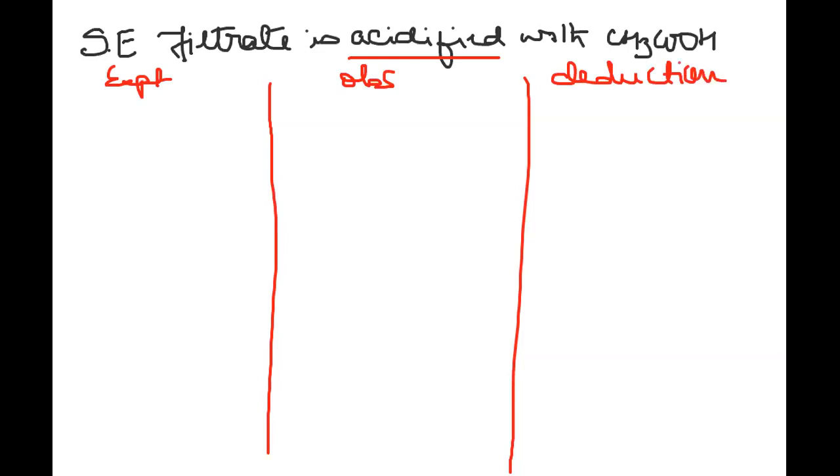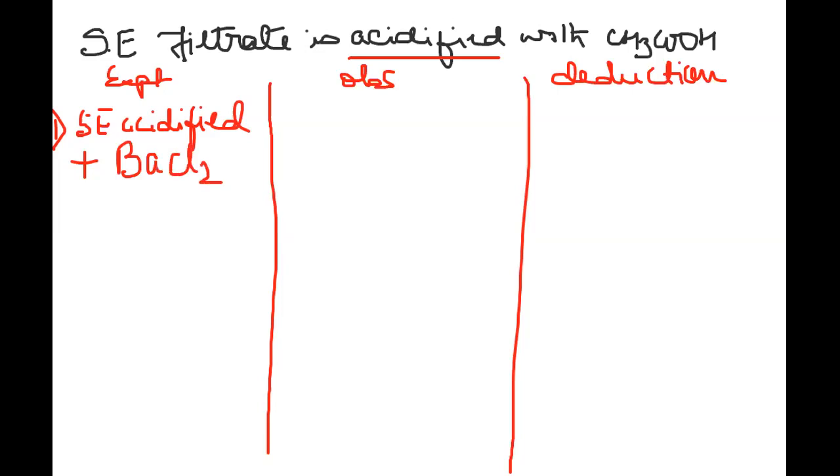In the deduction column, we are going to confirm which anion we have got. In the first one, suppose I take the acidified sodium carbonate extract, soda extract, plus barium chloride.